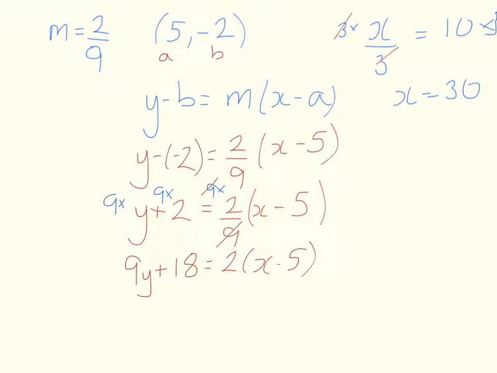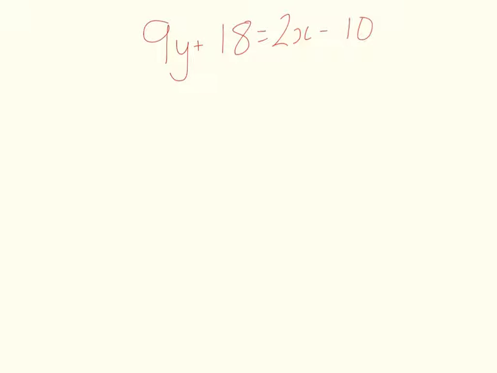Then what we need to do is multiply out our bracket. So 9y plus 18 equals 2x minus 10. We want to have our equation in the form y equals mx plus c. So here we've got 9y plus 18, so we don't want to have this plus 18 here, so I want to get rid of it, so I'm going to take it away from both sides.